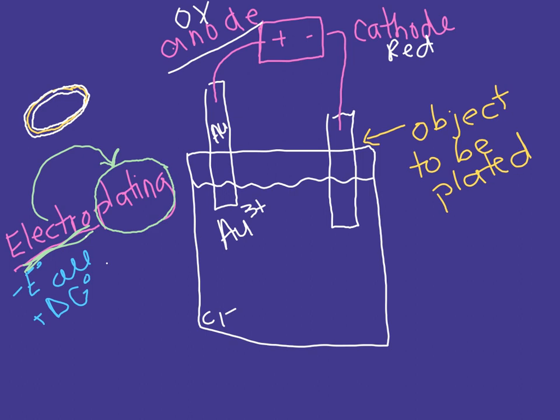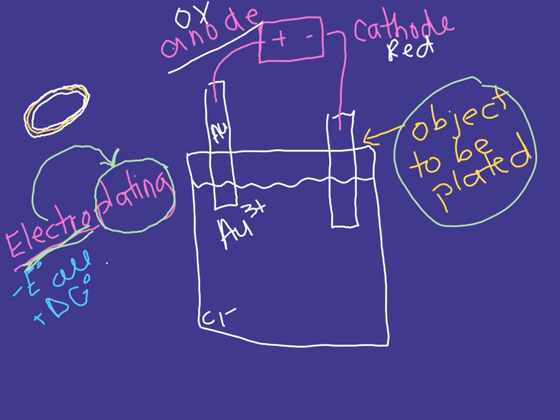So what I mean by that is at the anode, you have gold metal. So you just have a hunk of gold, an electrode, a piece of it. In solution, you have Au3+. So you have both the Au and the Au3+. And over here, you put whatever object you want to get plated in gold. Okay?